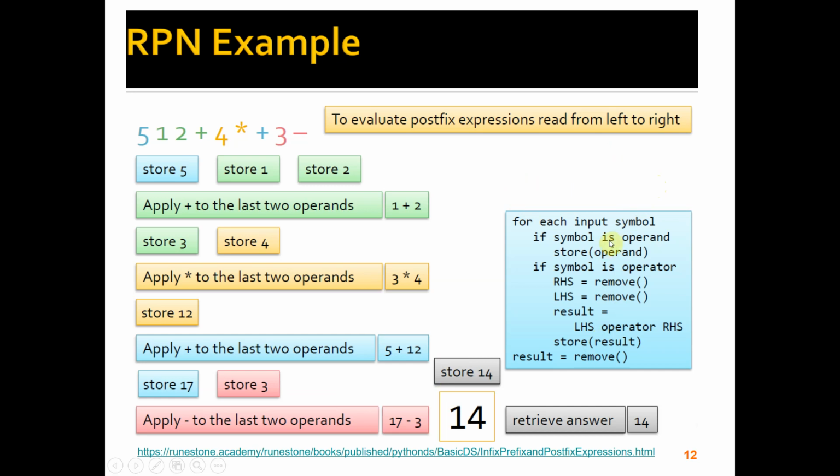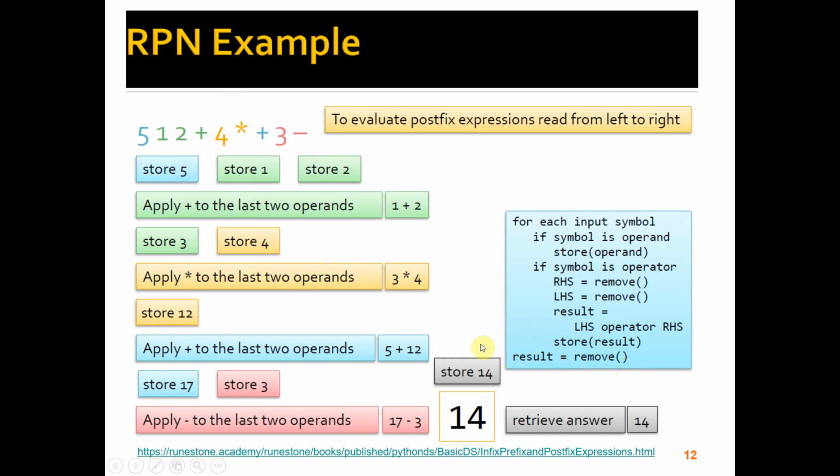And we read all the symbols in our string, so we are out of this loop, right? So what we end up doing, we only have one element left in the stack, which is going to be the answer or the evaluation of this expression. So finally, we just remove this from the stack and store it in the result variable.